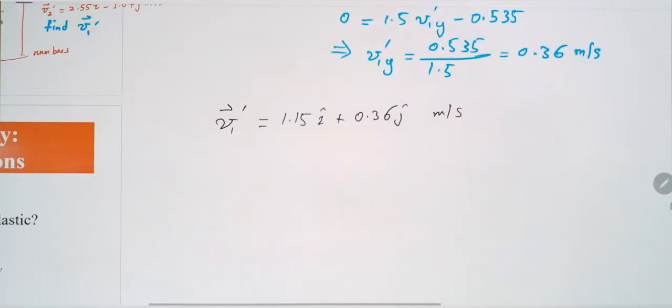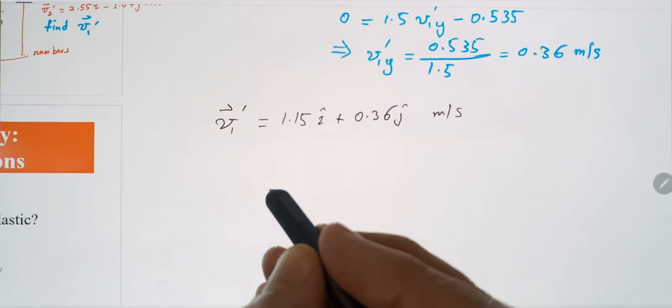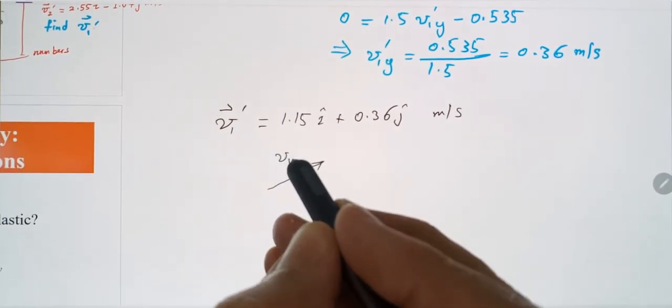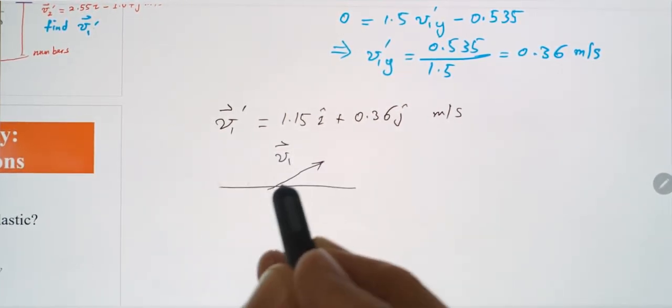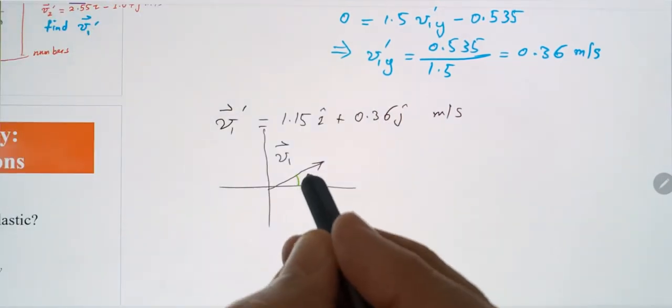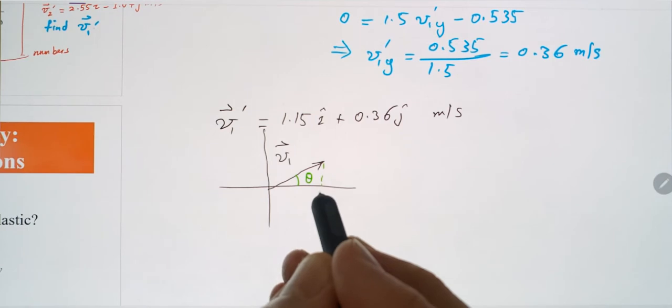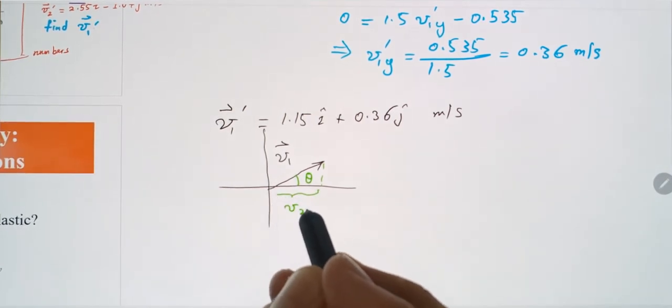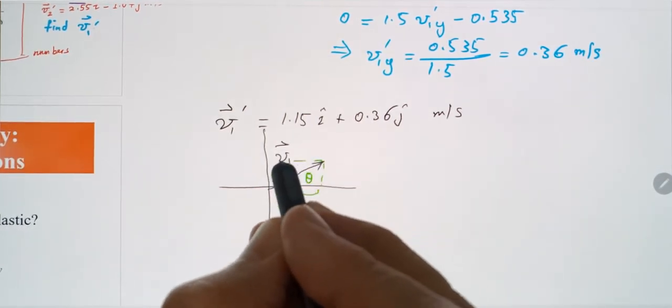Well, we go to the basics. If you are asking for theta, well, this is the V1 vector. This is theta. This is Vx. And this is Vy.